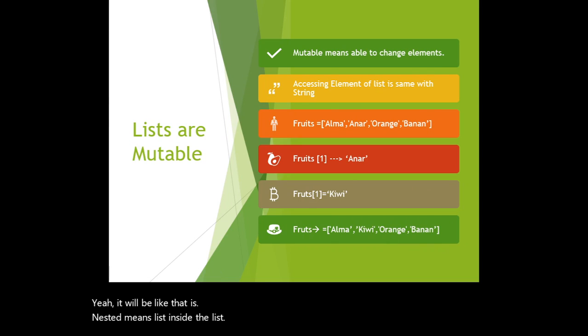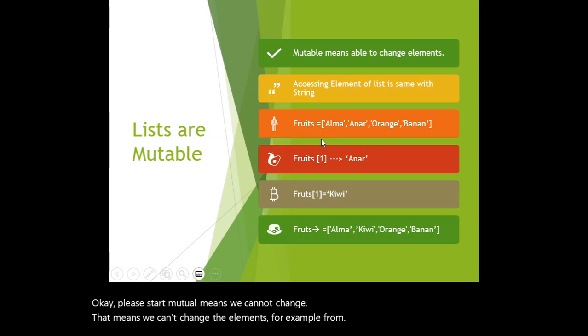Lists are mutable, which means we can change the elements. For example, in fruits, if in our case the first element is anar, we can replace it with kiwi.